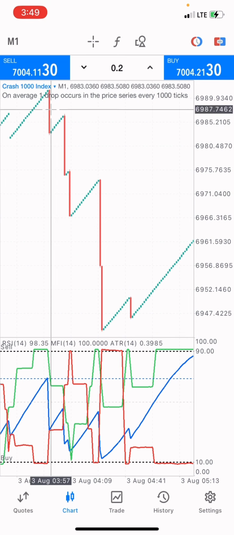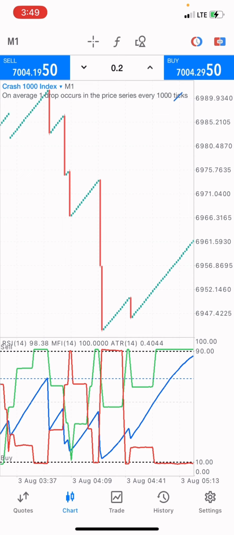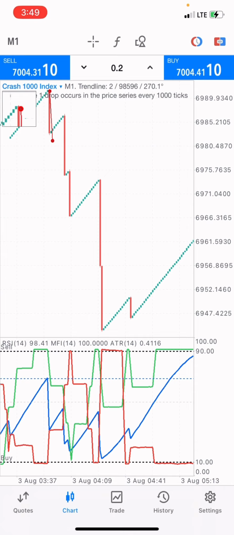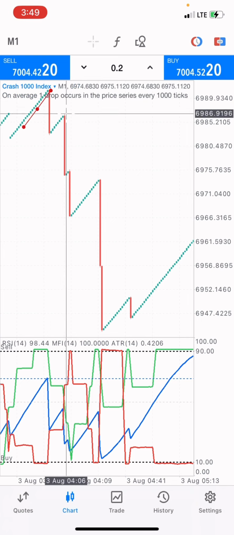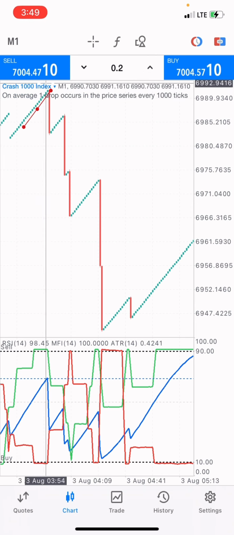But if you trade this spike now, let's see what we can do here. You see at this point, if you trace it, you can see this is the candles you're going to get from this spike.